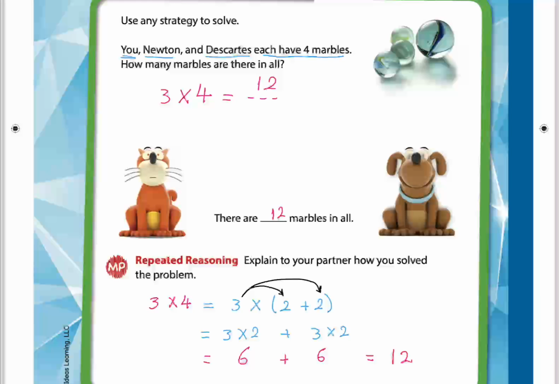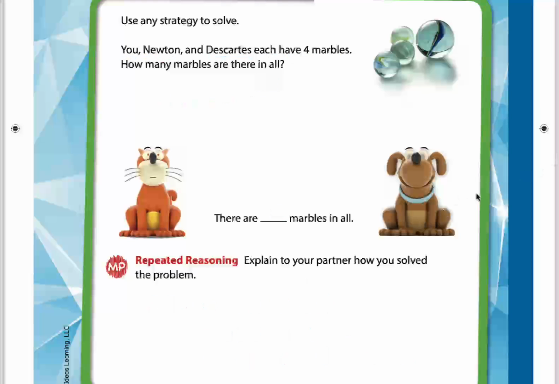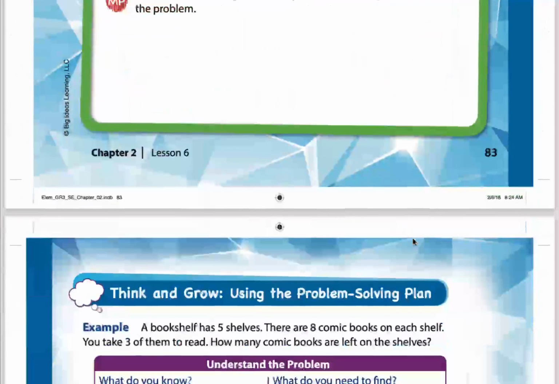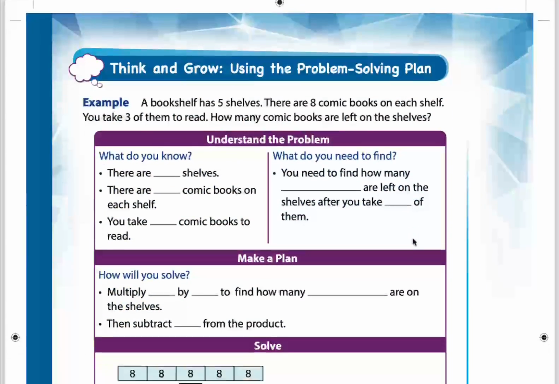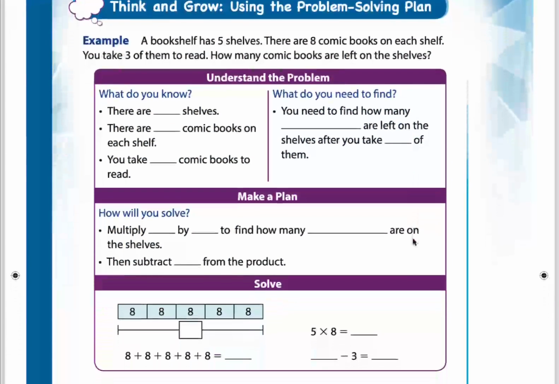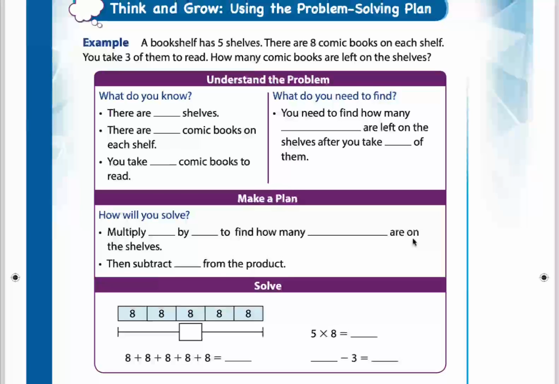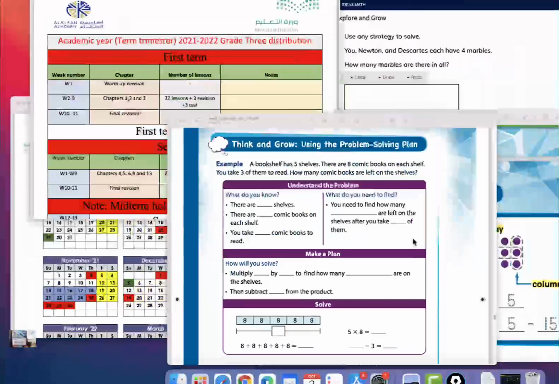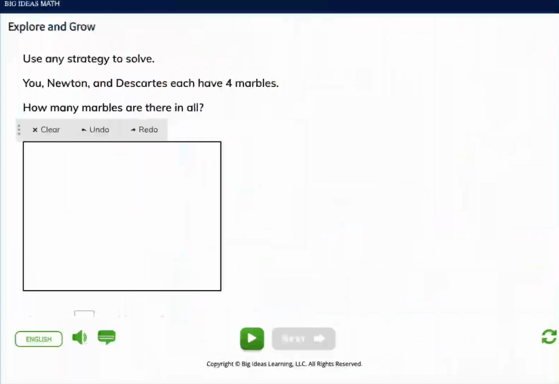Okay, my heroes, now we will move to the next page. If you didn't finish writing, you can pause the video and finish writing. And let's move to the next page. We have this example on the next page. So let's use it here.